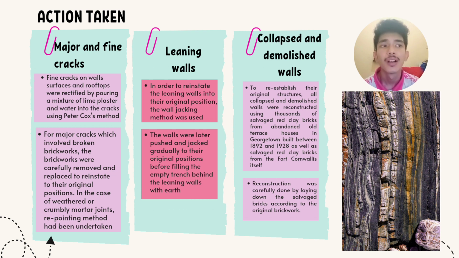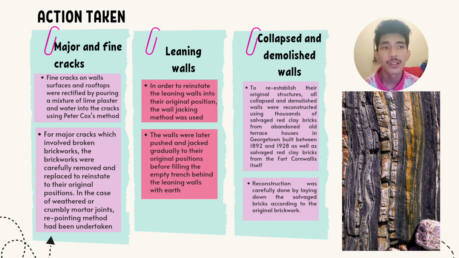For major cracks which involve broken brickwork, the brickwork was carefully removed and replaced to reinsert it to its original position. In the case of weathered or crumbly mortar joints, the repointing method has been undertaken.